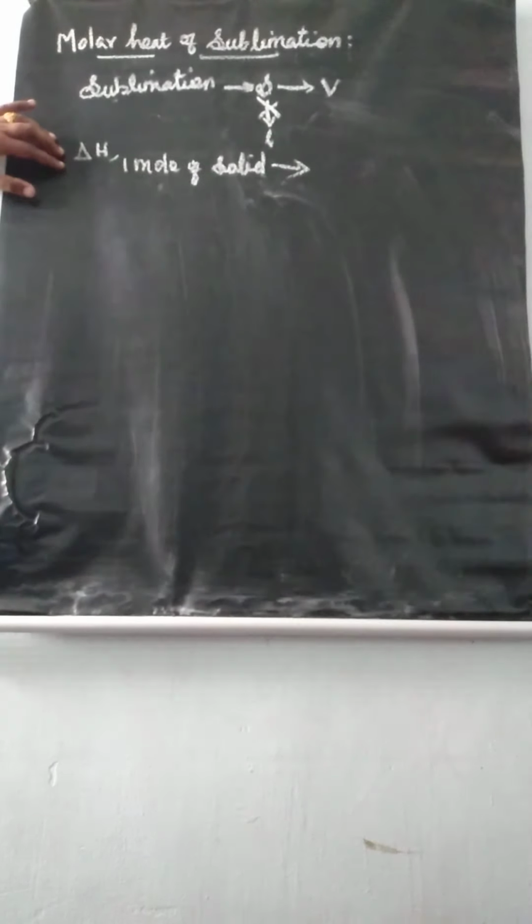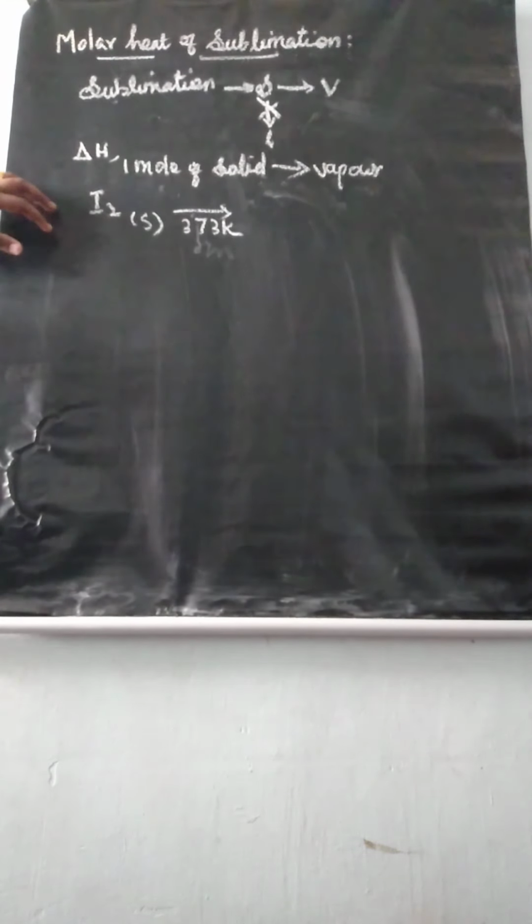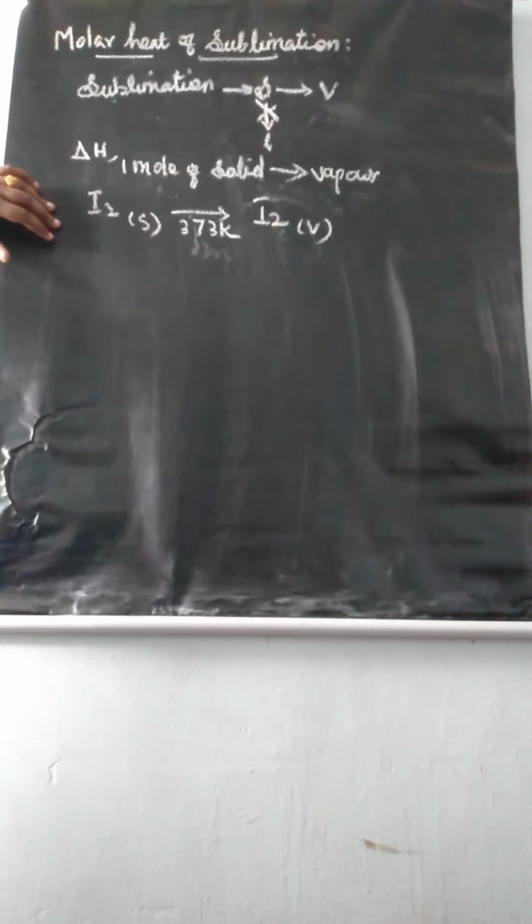Understand? Now here you can consider one simple example, iodine. Iodine in the form of solid state is heated at temperature 373 Kelvin to form iodine vapor.